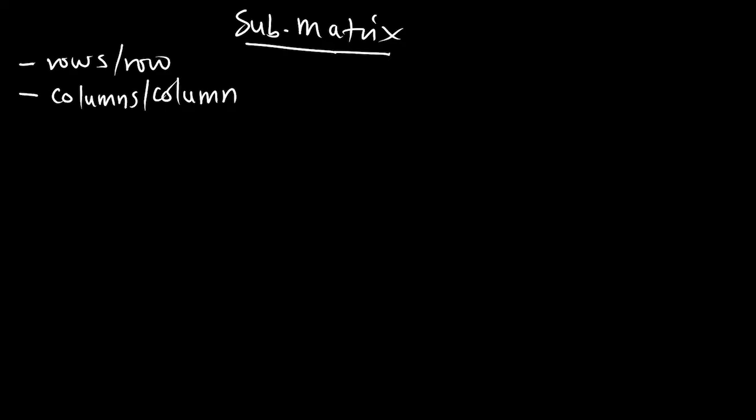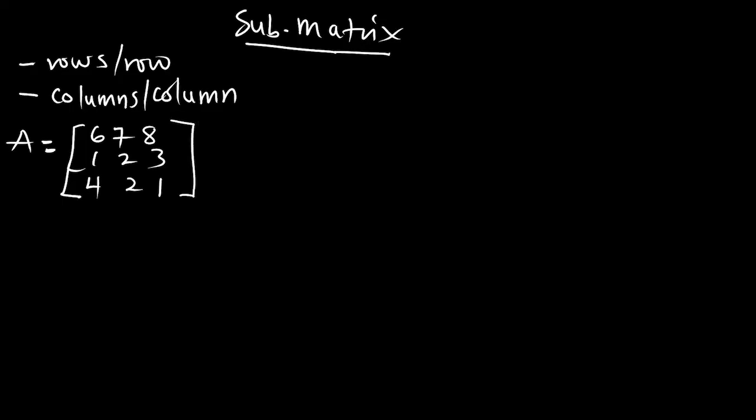So for example, if we have a matrix A giving us 6, 7, 8, say 1, 2, 3, let's extend this, 4, 2, 1 as matrix A. Then our sub-matrix B can be obtained as 1, 2, 4, 2.